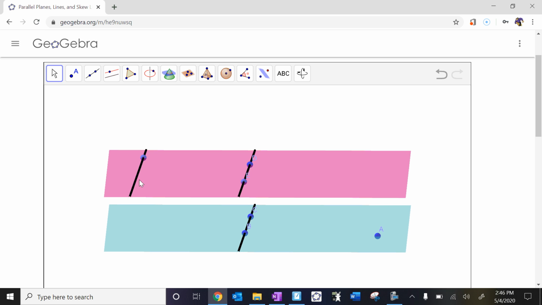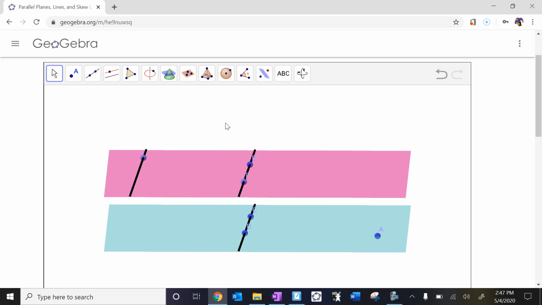Okay, well, these two lines on the pink plane, those are coplanar. They're both on the pink plane. So that means that they're coplanar and they're not intersecting. So that means that they have to be parallel to each other. I'm also going to suggest that these two lines on the pink plane are also parallel with the line on the blue plane.